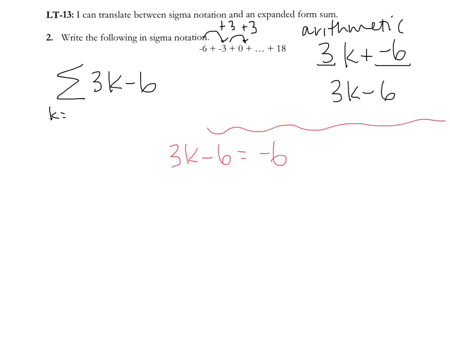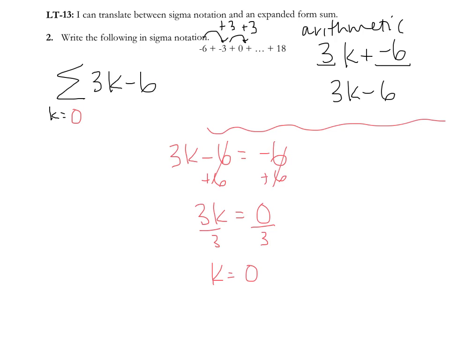So that's just an equation that we can solve for k. We're going to do that by first adding 6 to both sides. So that gives us 3k equals 0. And then to solve for k, we're just going to divide both sides by 3, and we just get k equals 0. So our very first k value is going to be 0.